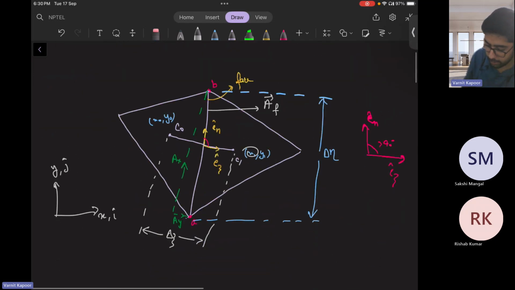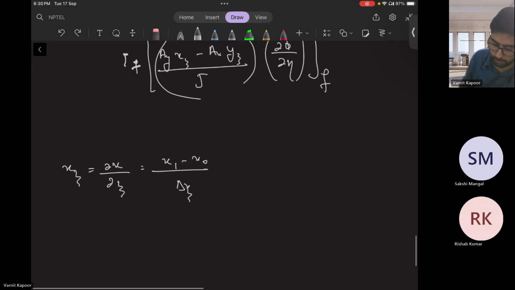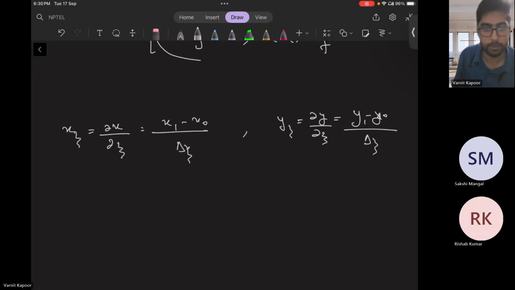This is the x1 point, this is the x naught point, and this is your del zeta. Let's go below. And what will be your y zeta? Similarly, y zeta will be dou y by dou zeta, that is y1 minus y naught over del zeta.